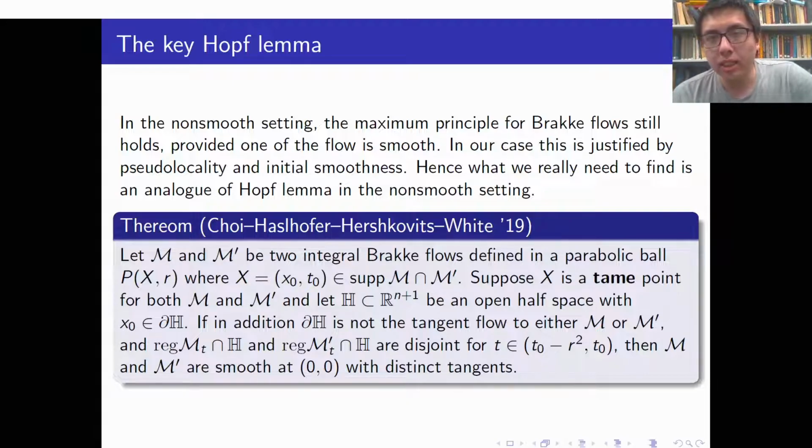Finally, in this non-smooth setting, the maximum principle for Brakke flow still holds. I mentioned this in a second, but it does need the assumption that there's no multiplicity in the singularity, and that's where the entropy assumption comes in.